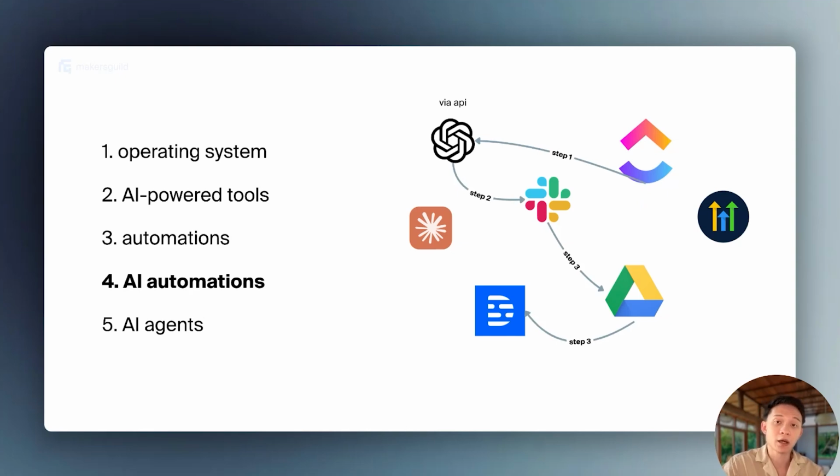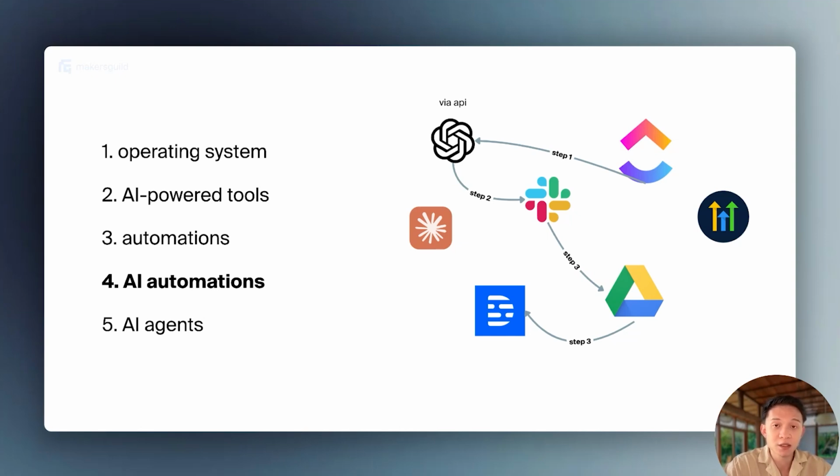Now, what is AI automation, right? So we have automation now. Let's talk about AI automation. It's very simply, within the automation itself, integrating a large language model or an AI model to come in. So step one could be from ClickUp, then it calls into ChatGPT. And then ChatGPT, because it can take in this data from ClickUp, can start to make decisions, or it could even manipulate the data, and then send it to Slack, send it to Google Drive, and then send it to Descript in this particular case, right?